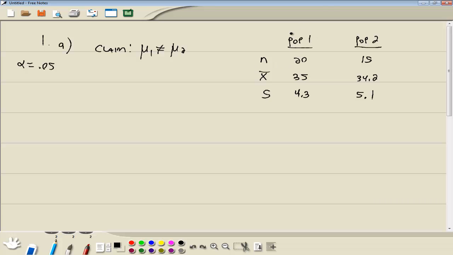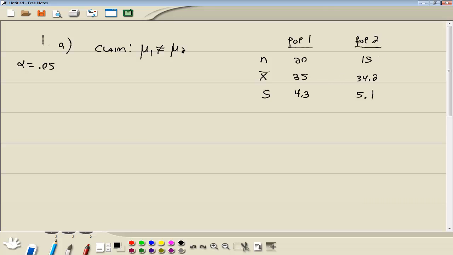Now, for this population, let's say this is our first town. We're picking 20 people at random from that town. We find that their sample, if we're talking about ages, this is pretty generic, but if we're talking about ages, then their sample mean, sample average, is 35. The sample standard deviation would be 4.3 of those 20 people.